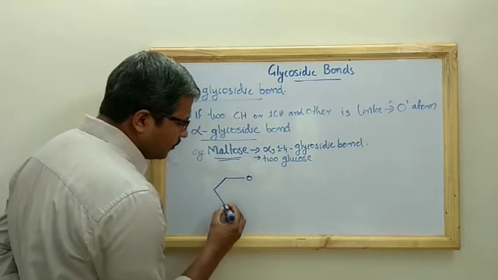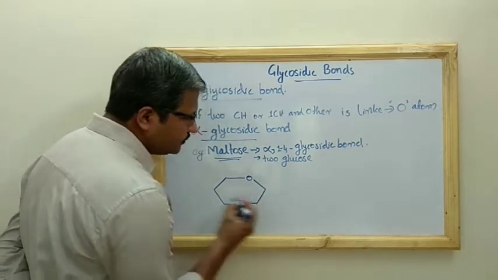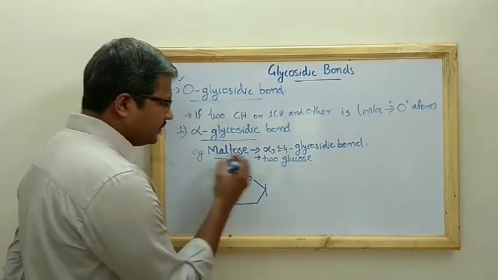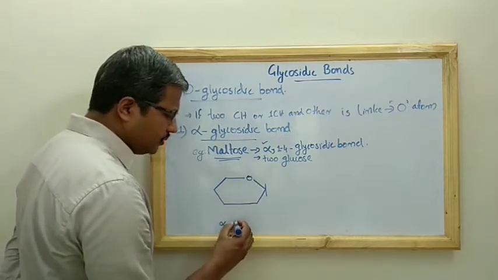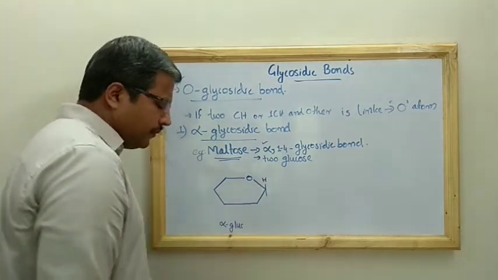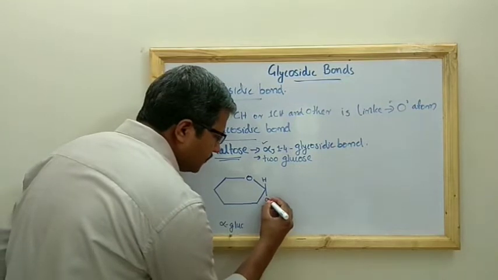I am just drawing 1 glucose unit in the ring structure, and we know that both are in alpha configuration. So this one is alpha glucose. So we have to draw this particular thing, OH down.